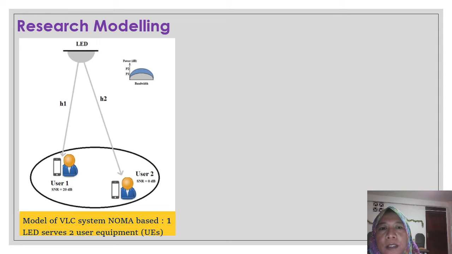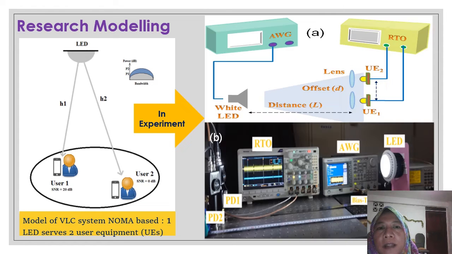In the past, we modeled a research where one LED serves 2 user equipment by differentiating their signal power using the NOMA mechanism. In the experiment, we demonstrated our work where one LED serves 2 user equipment, UE1 and UE2.